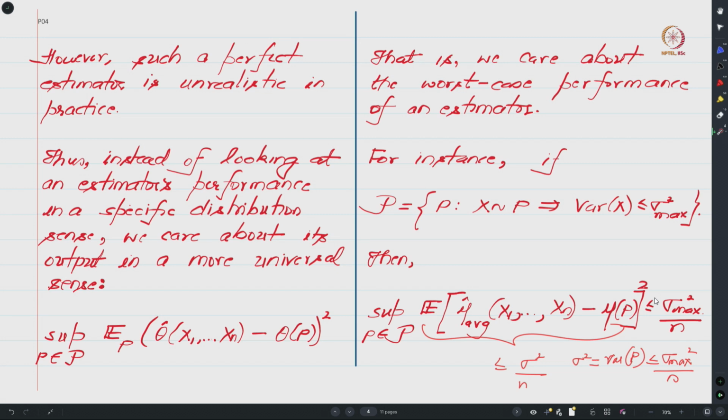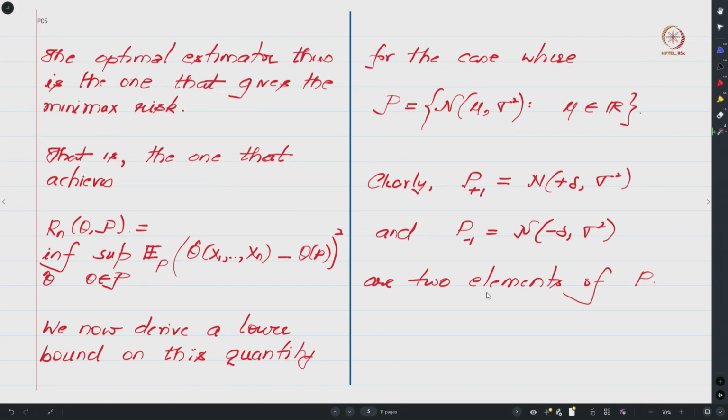So, one can ask: is there a better estimator in this worst case sense? This is the spirit of the minimax estimator. In particular, the optimal estimator is the one that gives the minimax risk. What do I mean by that?